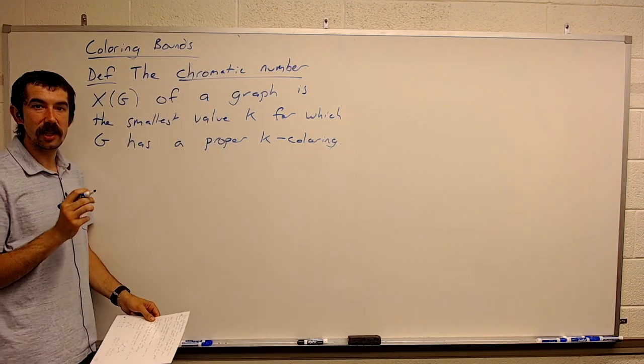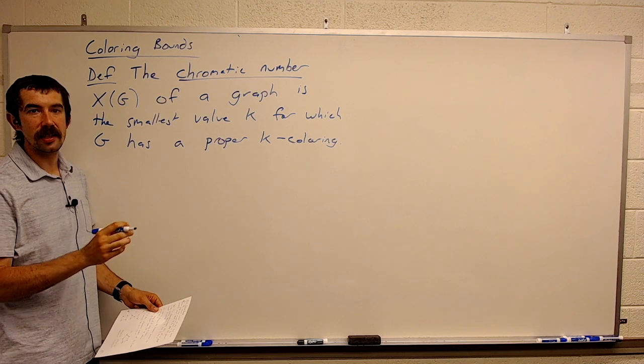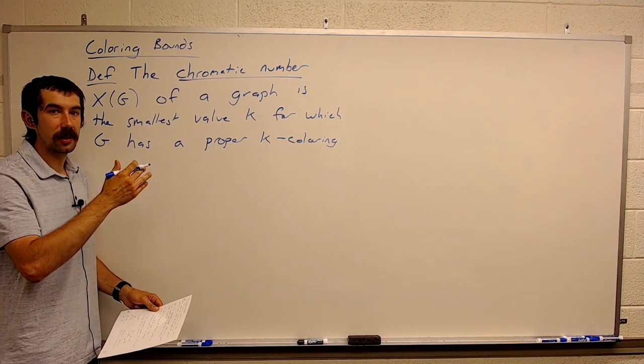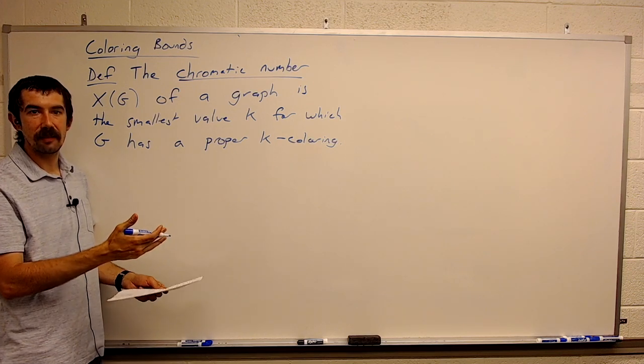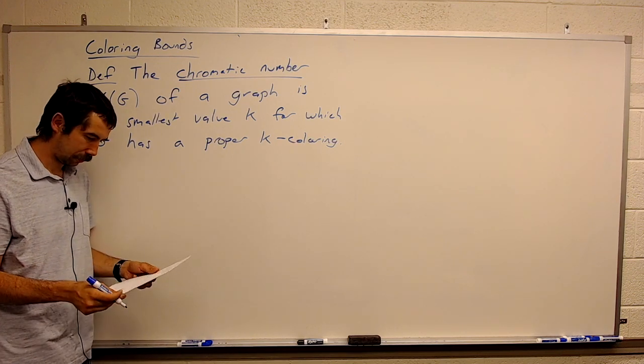All right, so it's the smallest value such that we can color the graph with k colors and no two adjacent vertices have the same color.